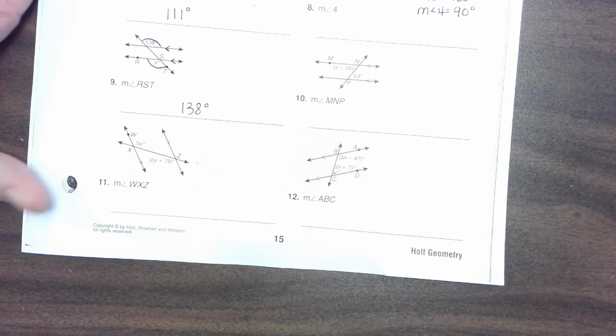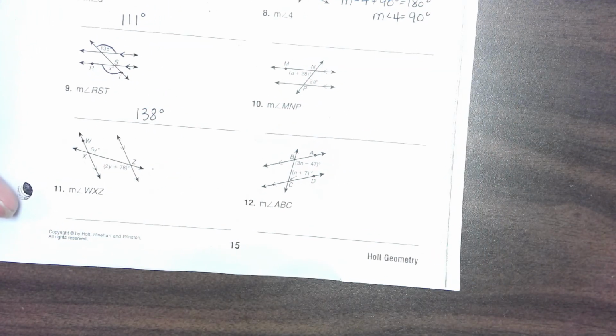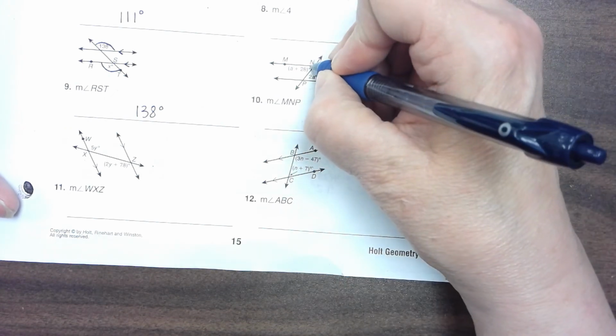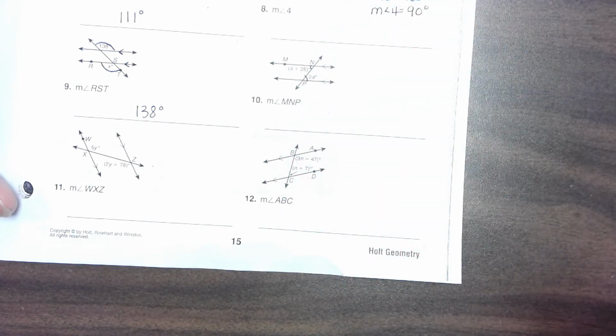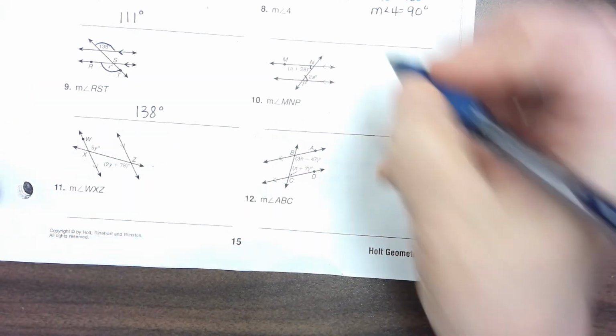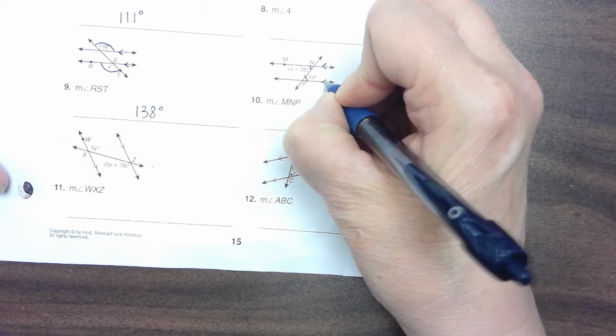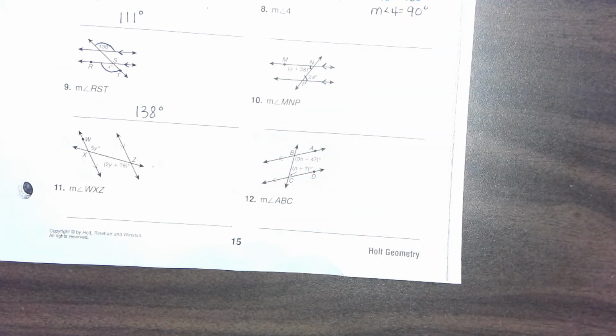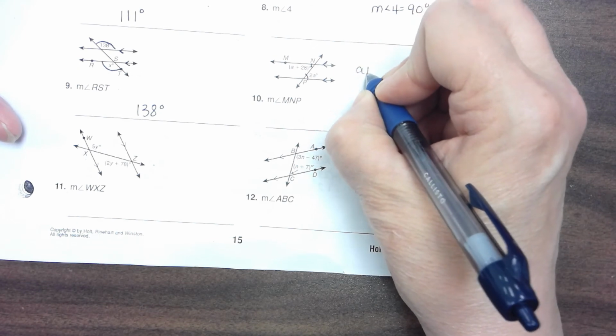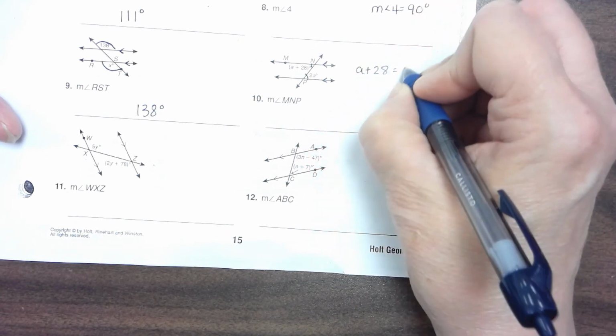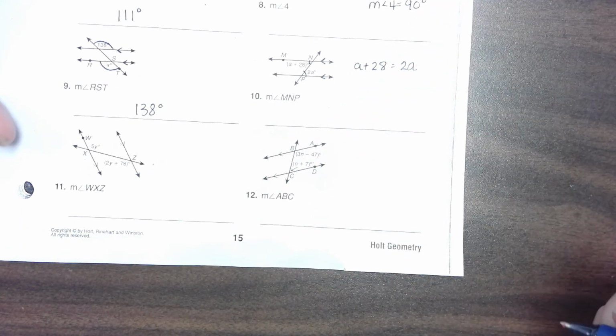Okay, moving to number 10, we look at these and we have this angle and this angle. So we're looking at alternate, opposite sides of the transversal. They're inside the parallel lines. I know they're parallel lines because these markings, these arrows, tell me that they are parallel. That's my symbol for parallel. And so I know my angles are congruent, therefore my measures are equal. So I have A plus 28 is equal to 2A.